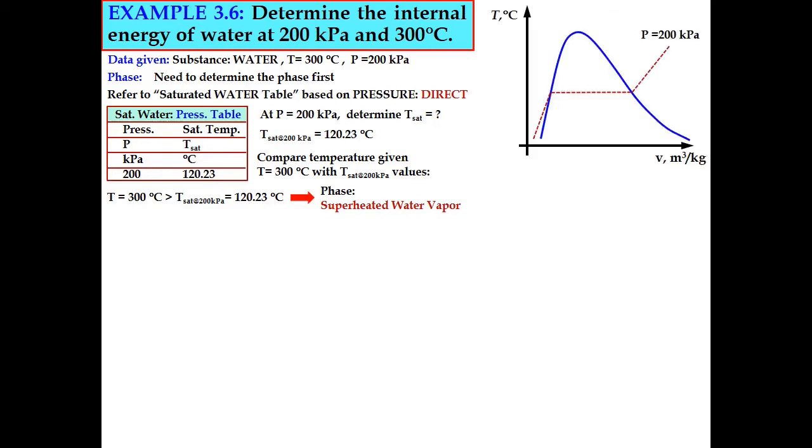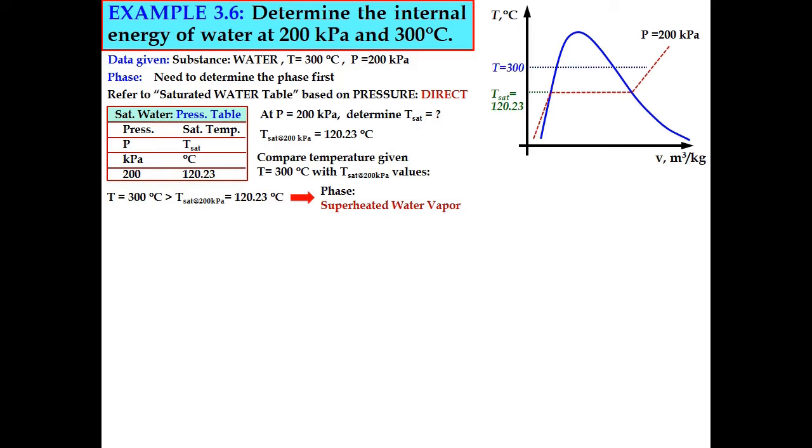If we plot on the TV diagram, we need to draw the constant pressure line of P equal to 200 kilopascal, and the horizontal line represents T saturated at 120.23 degrees Celsius, the value we obtained from the table.